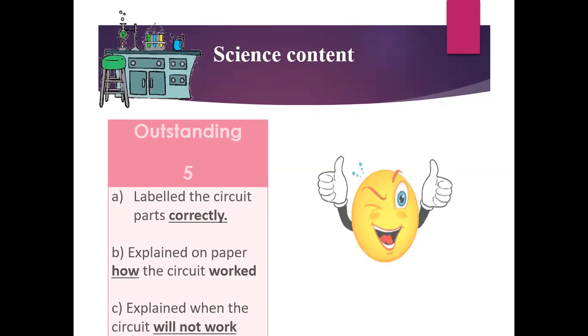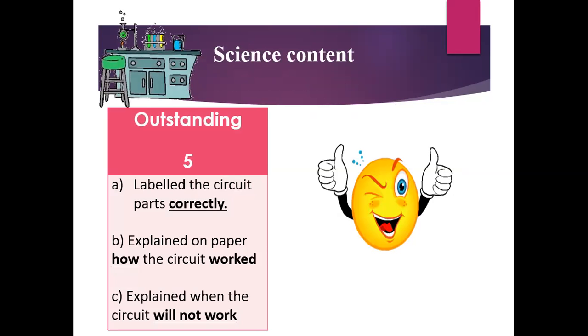What about the content, what you are doing in your project? If you label the parts correctly, if you wrote the battery, the wire, the switch, the bulb, all of the things in their correct places, I will give you 5. Also, if you explain to me how the bulb is working and how the bulb will not work, I will give you 5.